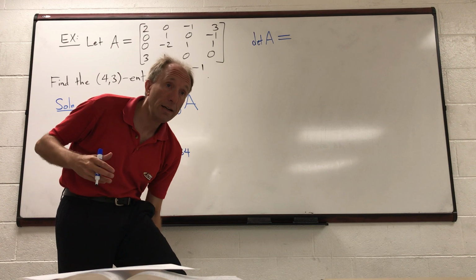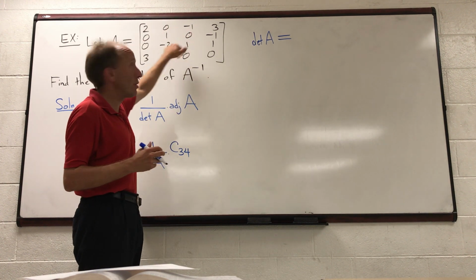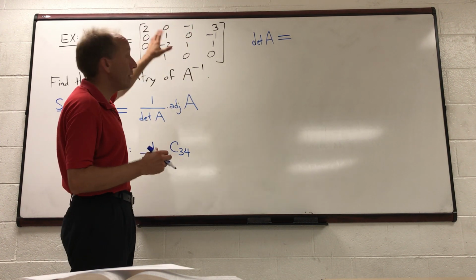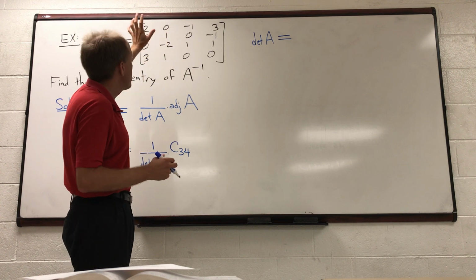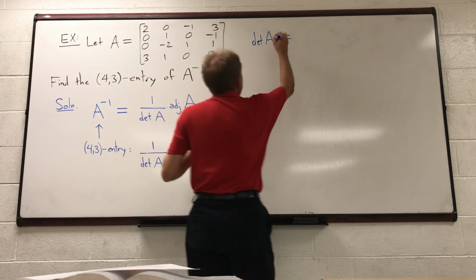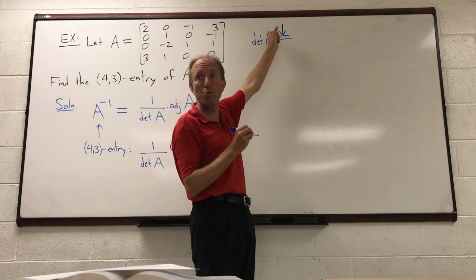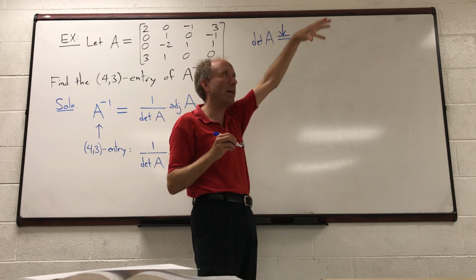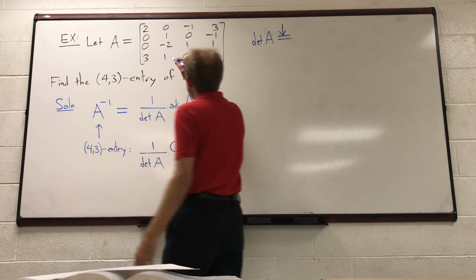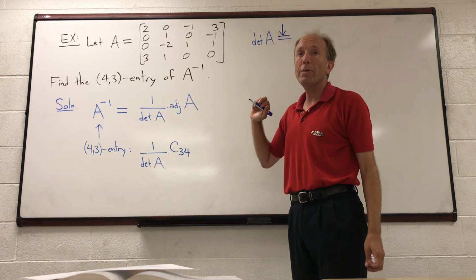You could do that, but if you're okay with the matrix as it is, there are some zeros in it. We could choose a row or a column to expand along. When you're writing this up, especially on an exam, it'd be great if you could tell me which row or column you're using so I can follow your work. Which row or column do you recommend here?